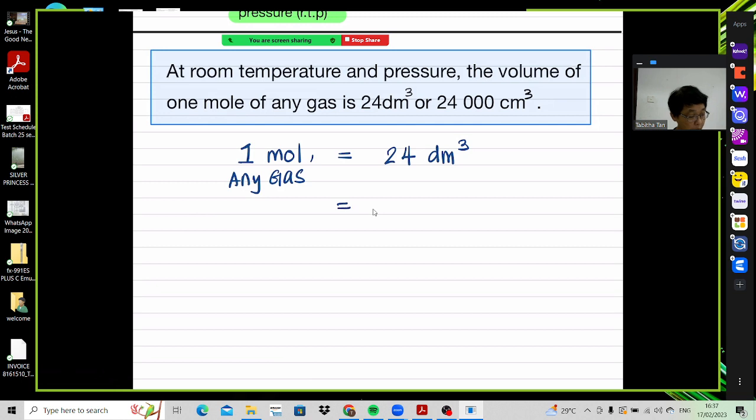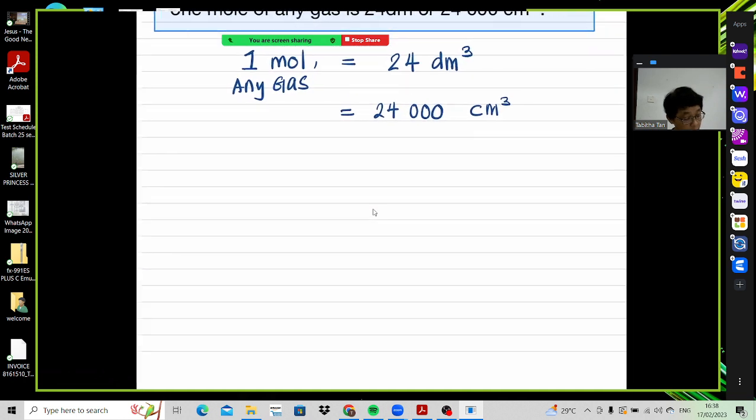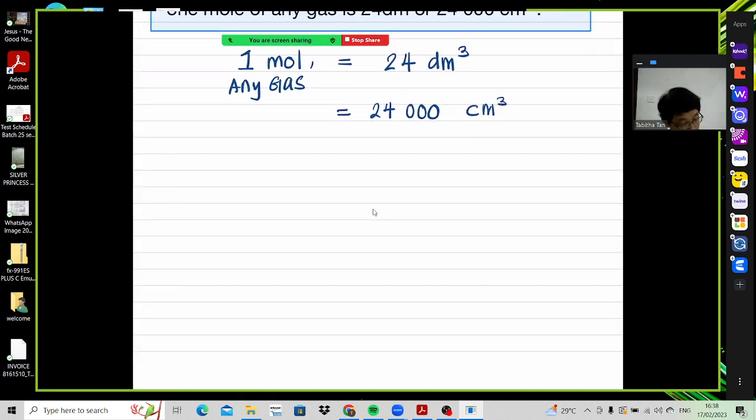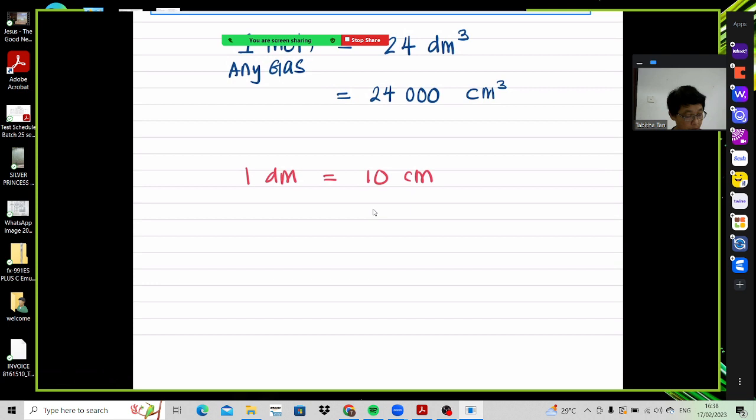or if you want to put in cm cube, of course you will just multiply by 1000. So you're just going to get 24,000. Just a little side note, just for our information. We know that 1 dm equals 10 cm. That 10 cm means 10 centimeters.